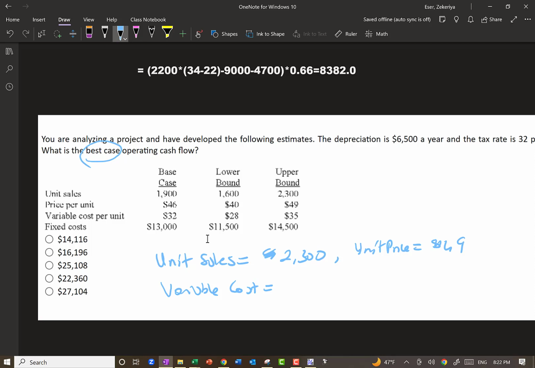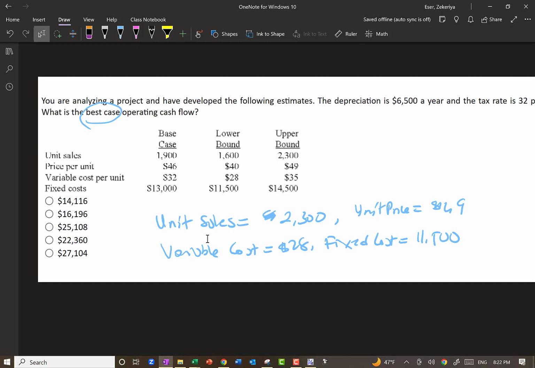No. For cost, best case is the lower number. Okay? How about fixed costs? Exactly. Whenever it's cost, you go for the low one. Then all we have to do is calculate net income. We already know depreciation.